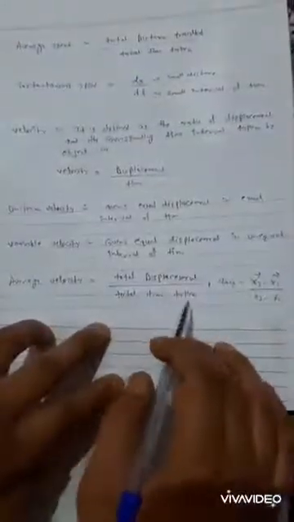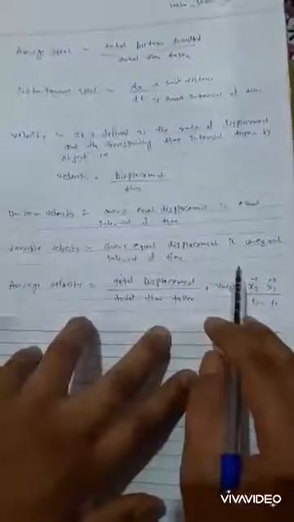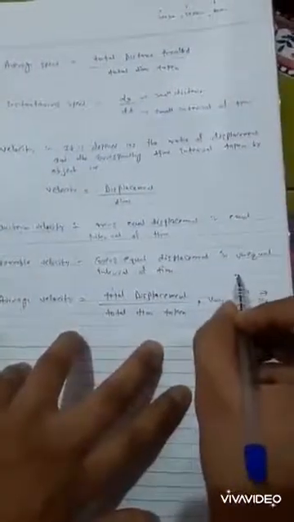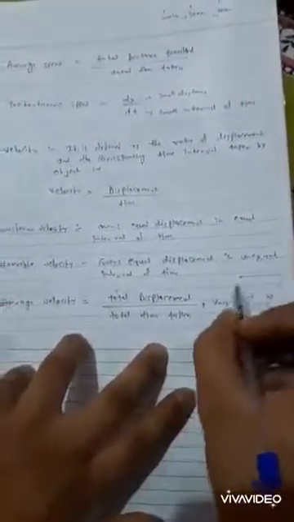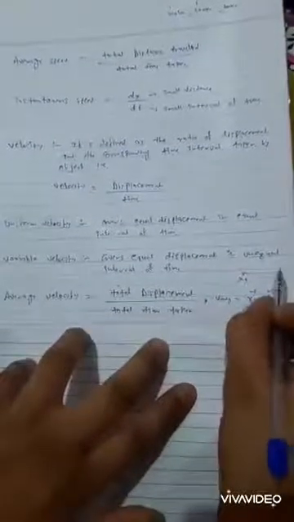Next is average velocity. Average velocity is total displacement upon total time taken. What is displacement? Displacement is the shortest distance between the final position and the initial position. Suppose this is your position x1, this is your position x3, and this is your position x2.